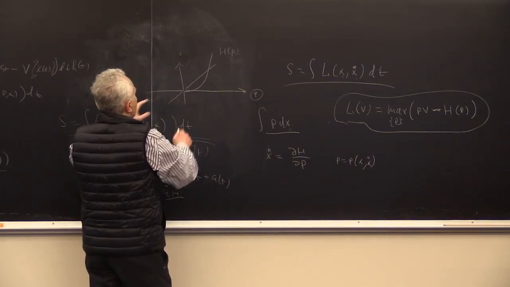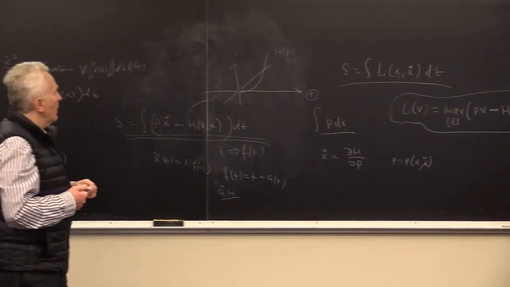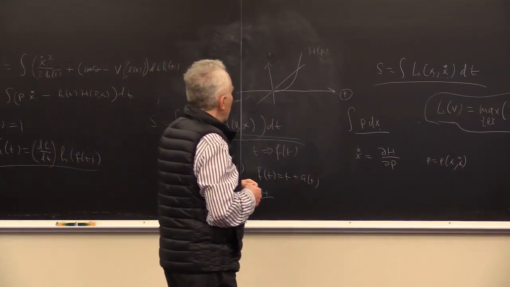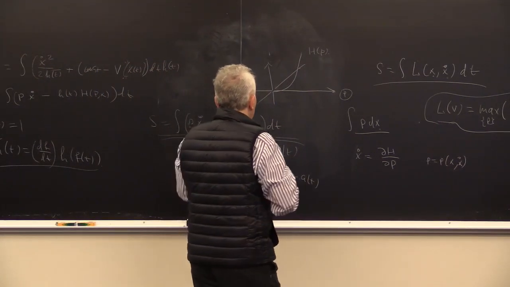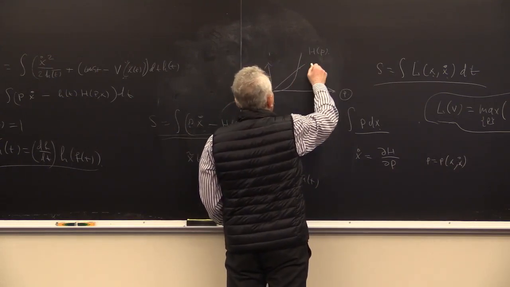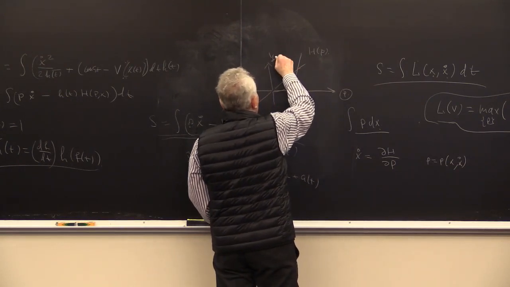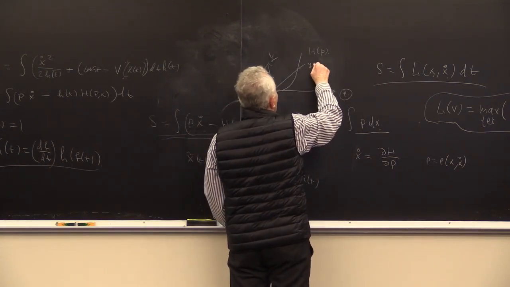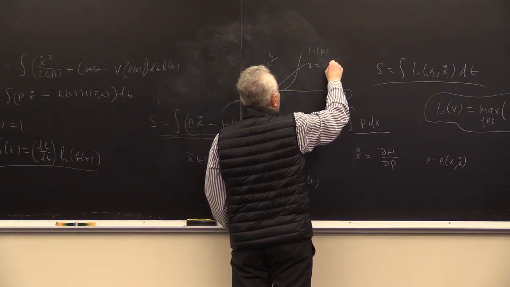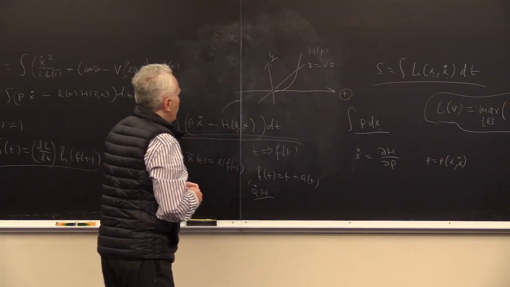For a given velocity, this line is fixed. So this is the line. If we call it y equal to dp. This is y is equal to h of p.